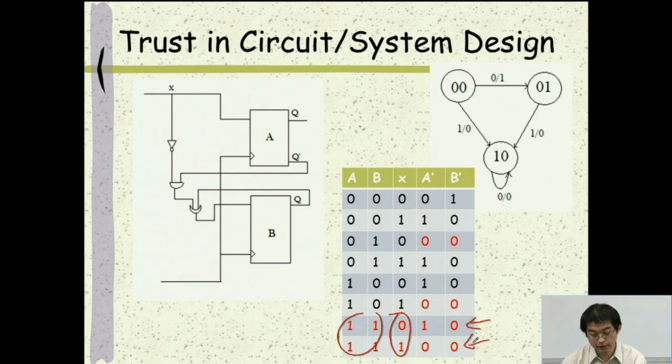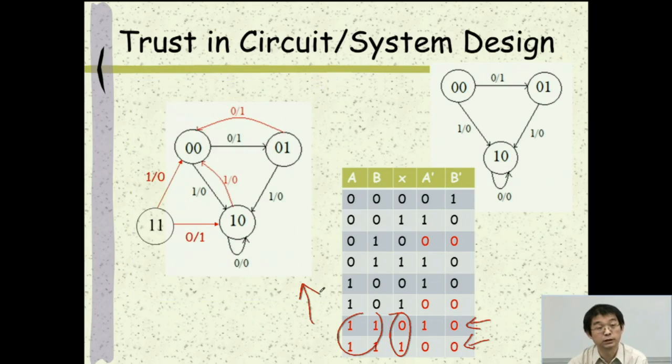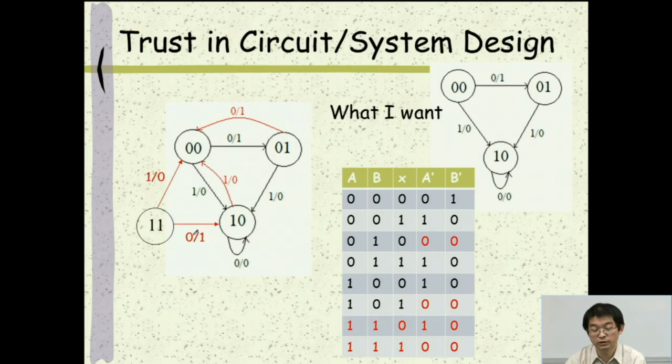So this leads us to the following finite state machine model for the system that was actually delivered to us. It is a 4-state machine with everything completely specified, particularly these 4 red edges. And now you say, okay, this 3-state machine is what I want.